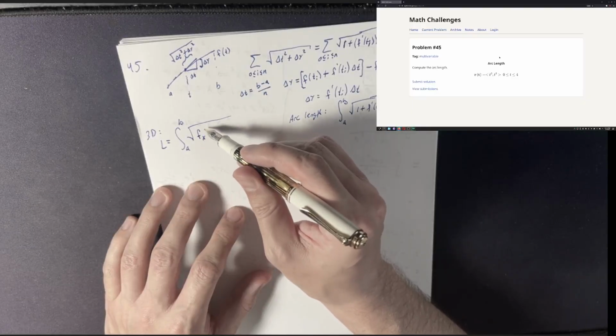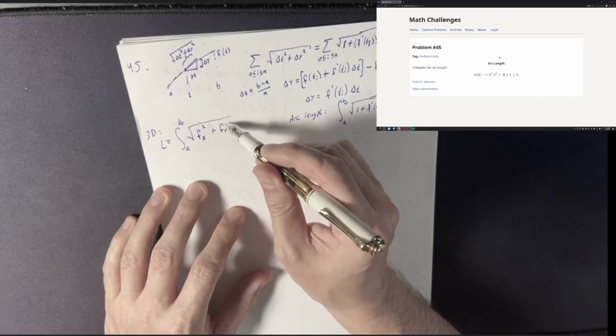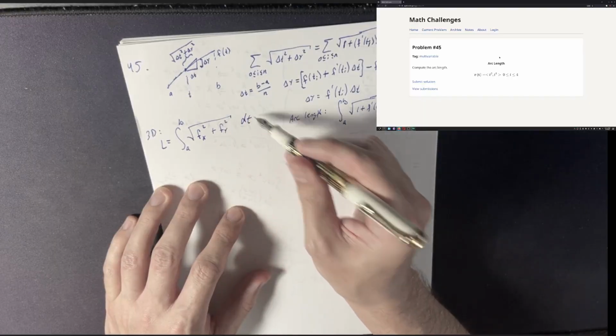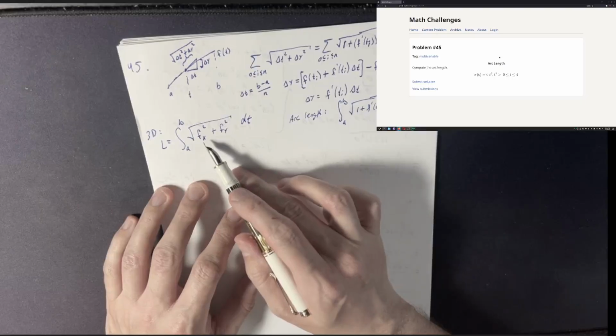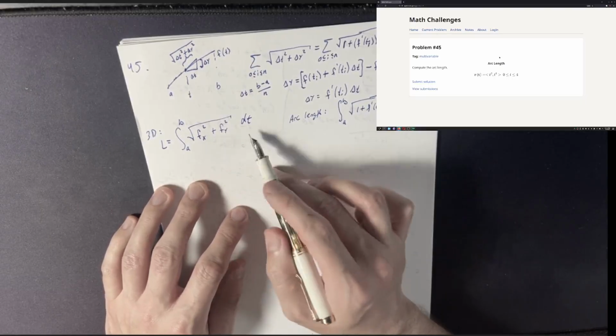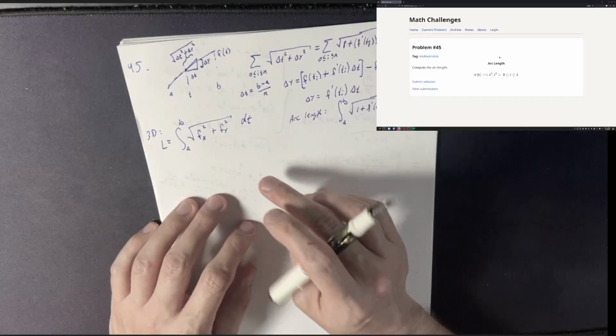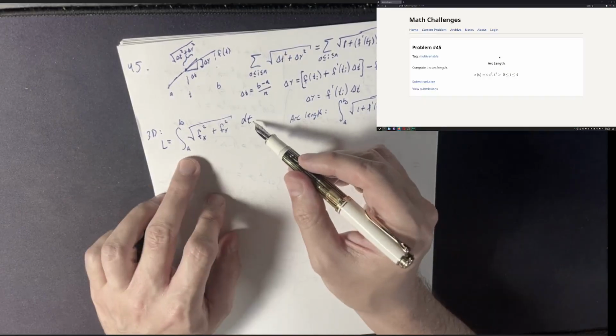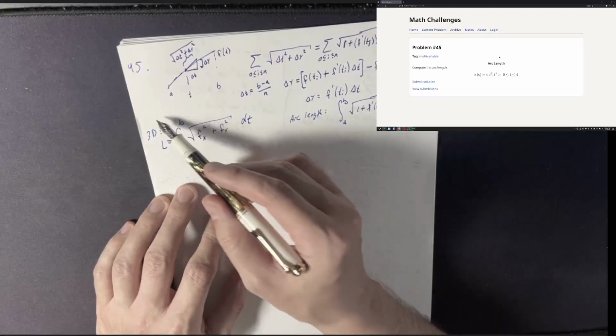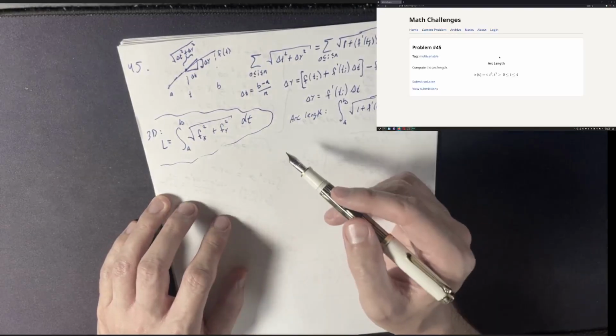So we'll put f_x squared plus f_y squared with respect to t. So f is a function of x and y, but those are ultimately a function of time, and we're letting time vary from a to b. So we're using this formula for the arc length.